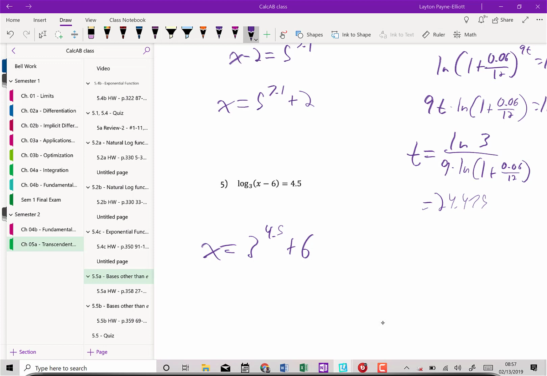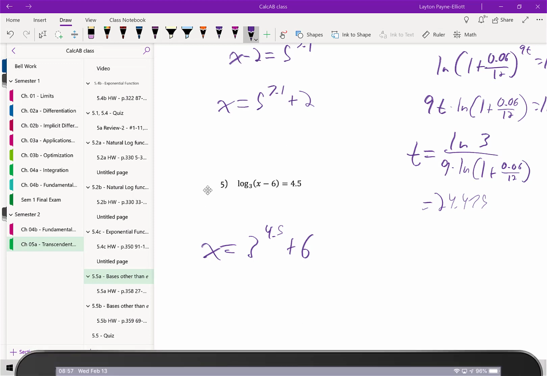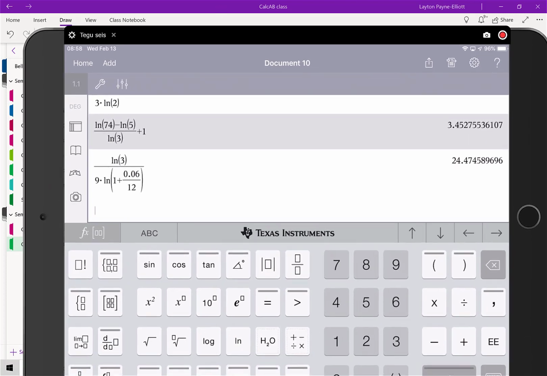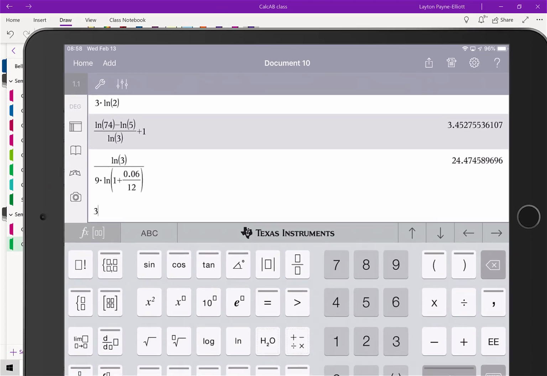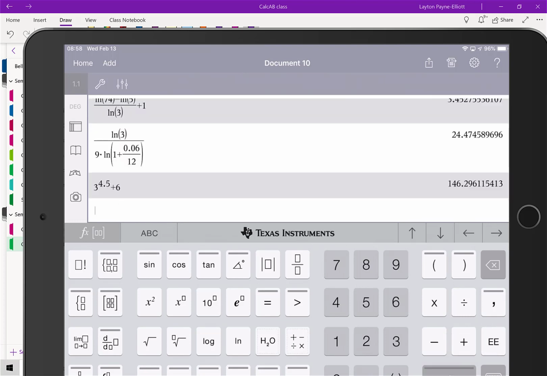Did I drag it too far down? Nope, there we go. 3 raised to the 4.5 plus 6. What? That was the correct thing you put in. 146.296. Thank you.